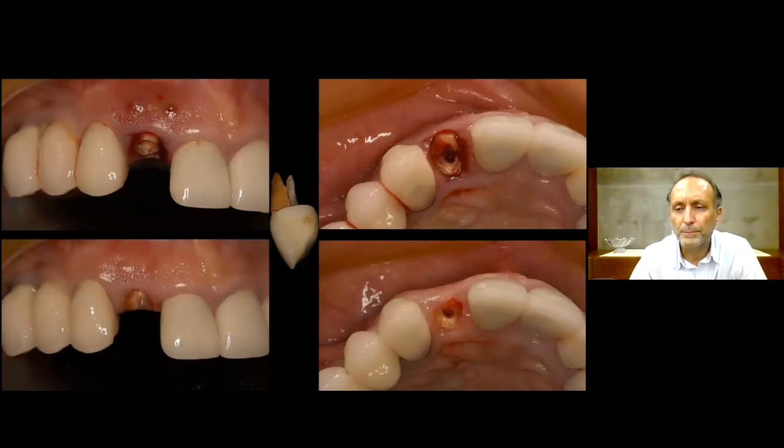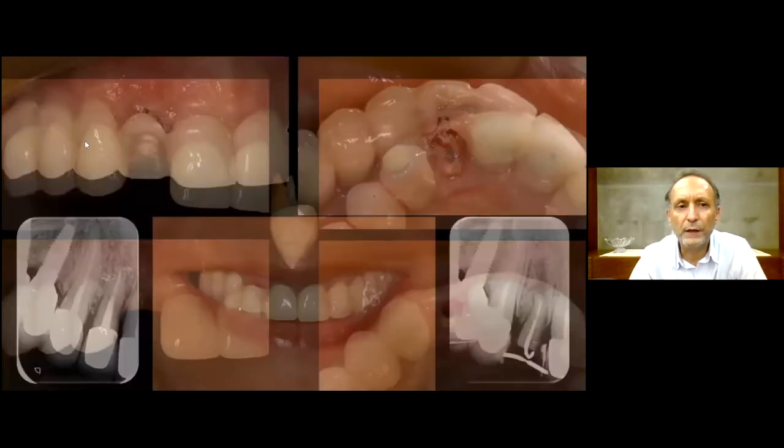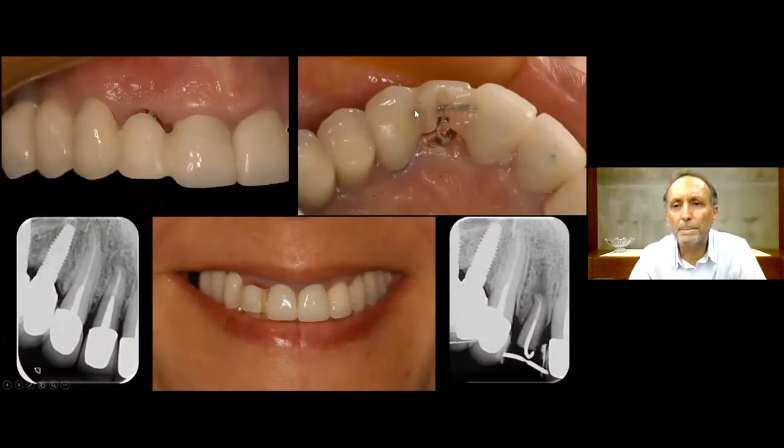Eruption, without touching the adjacent teeth, just bonding to adjacent teeth with a palatal wire that goes slightly palatal, because eruption needs to go slightly palatal. If you go buccal, you defeat the purpose, because you're going to lose the buccal bone. The eruption has to come slightly buccal to recreate more bone on the buccal and thicker gingiva.